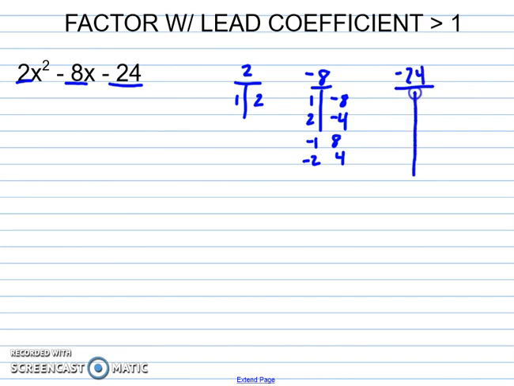And again, just making that list, 1 times negative 24, 2 times negative 12, 3 times negative 8, 4 times negative 6, and then we get back to 6. And then you could switch the signs again. So our list could be really long. Switching those signs would still get us negative 24.